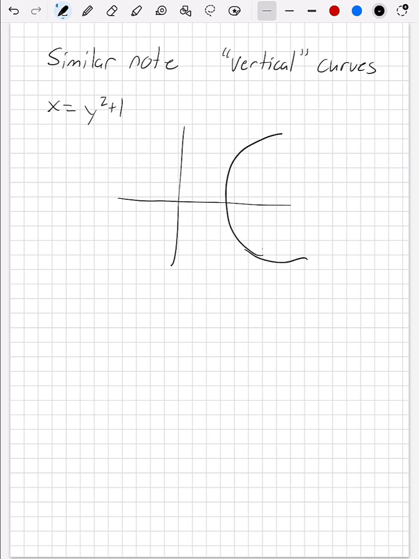Okay. And then we have x equals negative y to the 4th plus 3. It's going to look something like this, right?